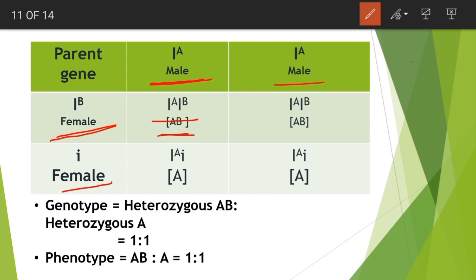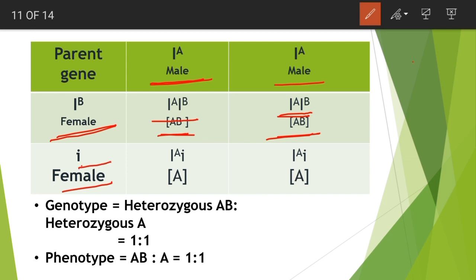which is AB blood group, as both of them are dominant alleles. In the second one, the same result will take place, that is capital IA and capital IB, and in this case also the expression will be AB, as both of them are dominant alleles and they are showing codominance.